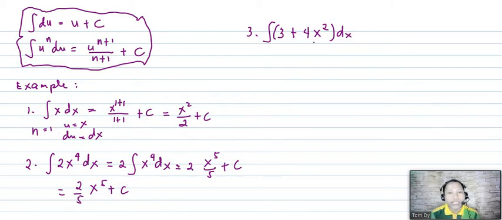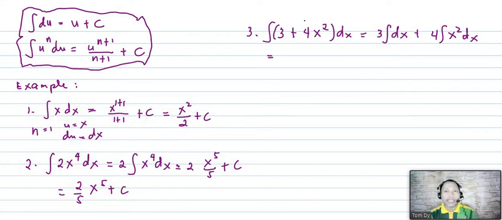I will directly answer this one. I will write first here 3, I will distribute dx first to 3, or you can directly answer that one. dx plus 4 integral of x squared dx. In other words, I am distributing dx to each function.